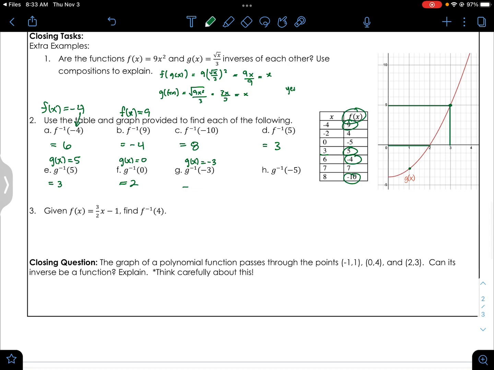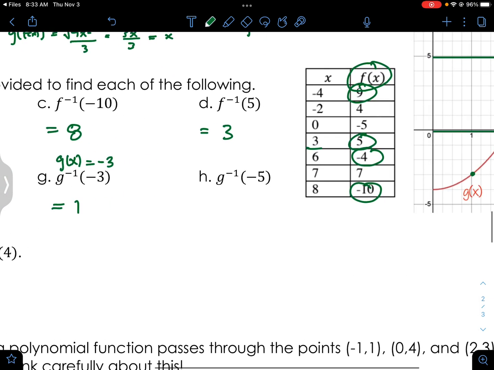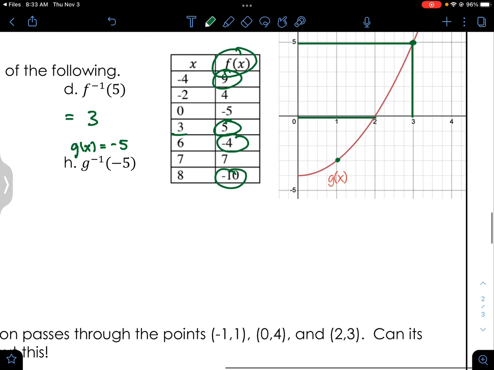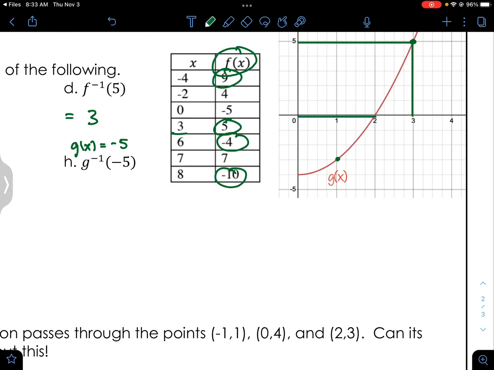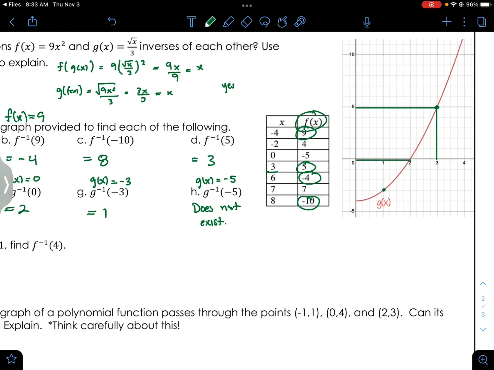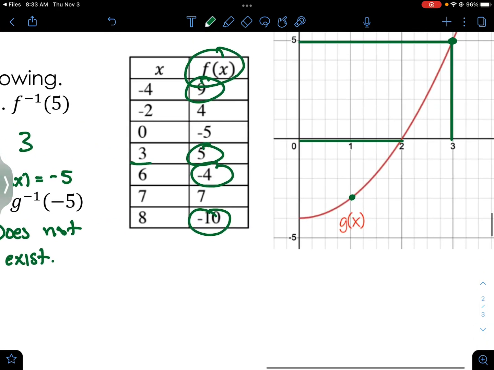So we'd have this is equal to 1. And then finally, what is the value of x to make g of x equal to -5? That does not exist, because g of x never reaches a y value of -5.